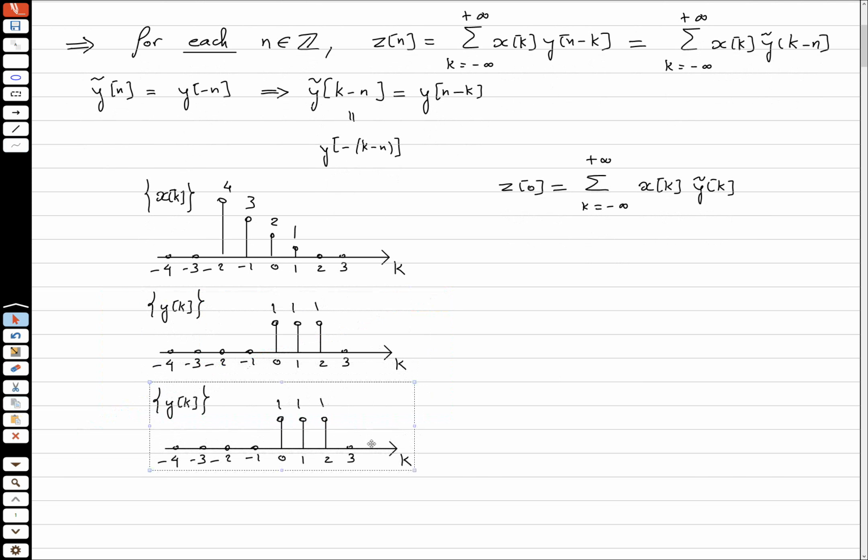My example is not so good because after time reversal we don't see its time reversal, but you know what it is.